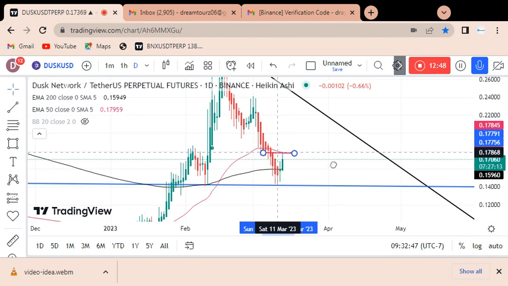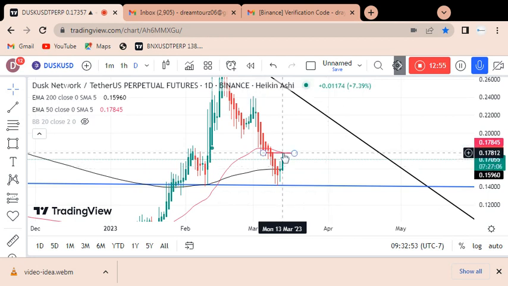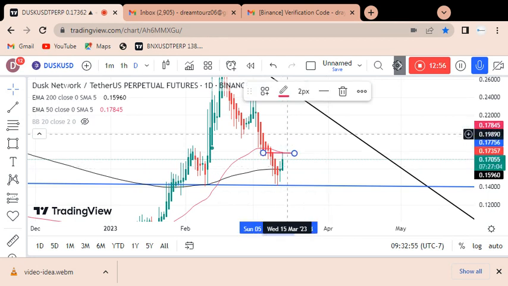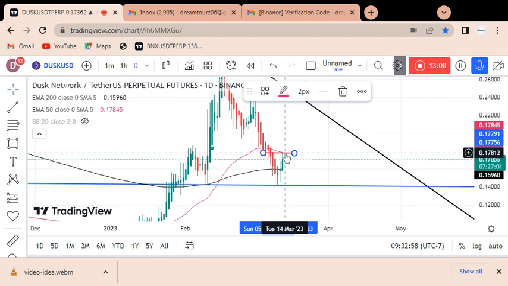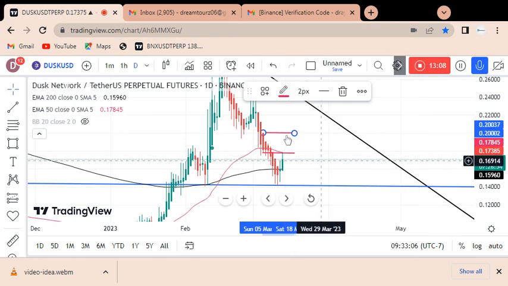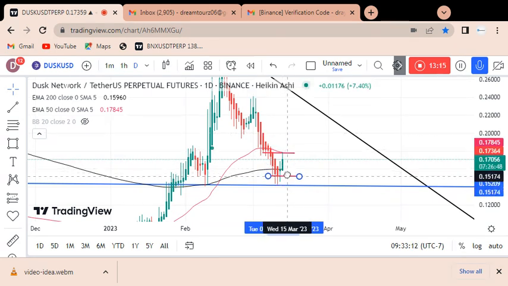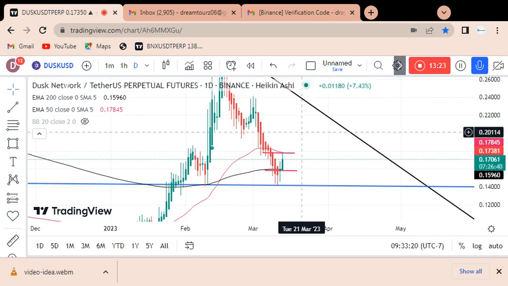Then I'll put it down at the 200 EMA. I would love to change this color to something else. Okay, let me still use red. I don't want any color to confuse you guys. The 200 EMA, because that's another area. It's acting as a support for this candle. Or let me use black, since black is our general trend line.